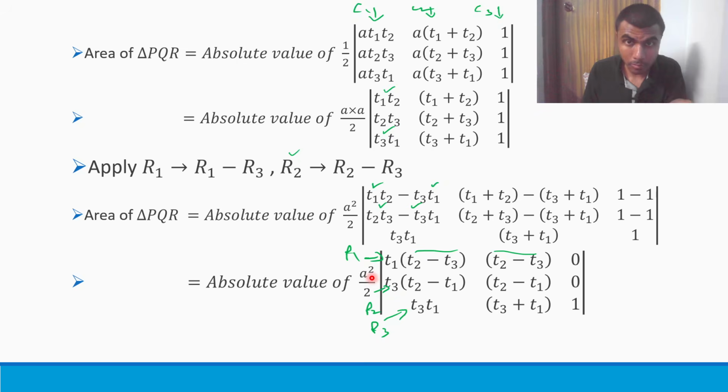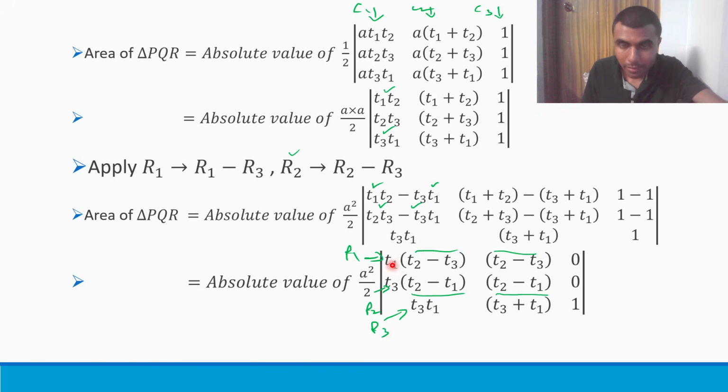Likewise, in the second row there is T2 minus T1 here and T2 minus T1 here, so again 0 I can write as 0 into T2 minus T1. So I can take T2 minus T1 common. In the next step, you will see it will be absolute value of A square into T2 minus T3 into T2 minus T1. These common parts won't be there inside.